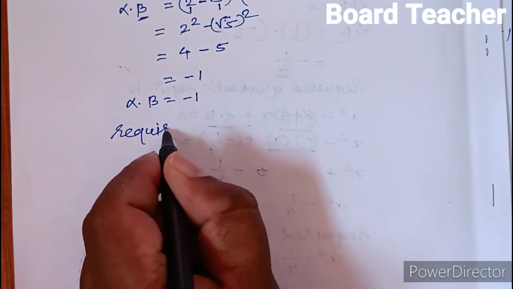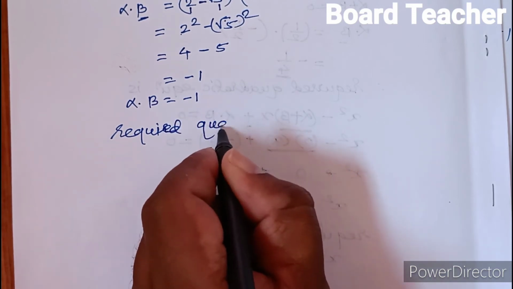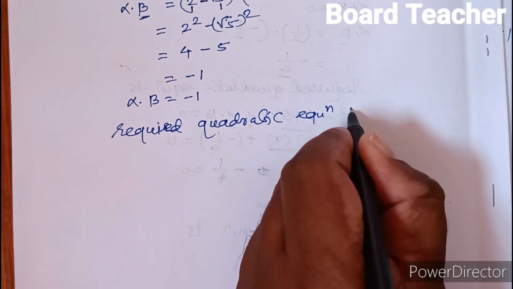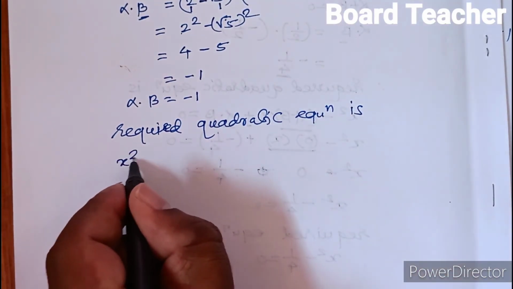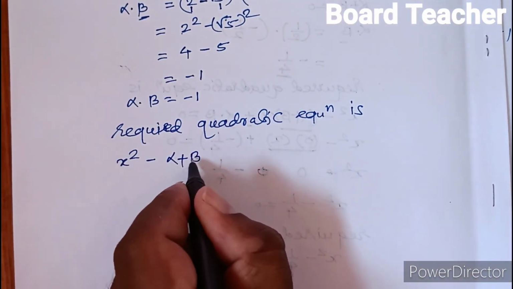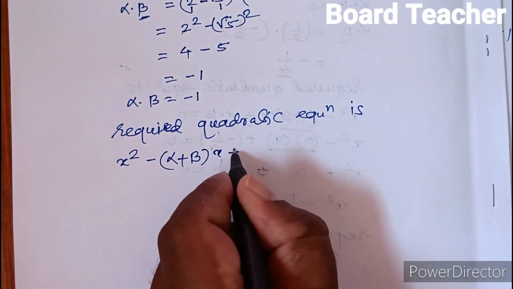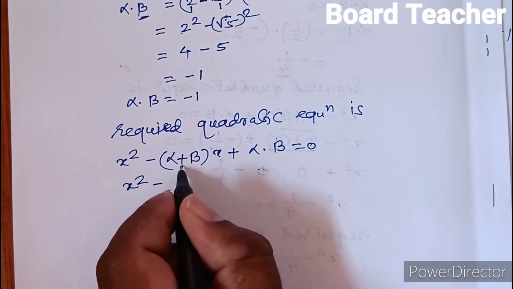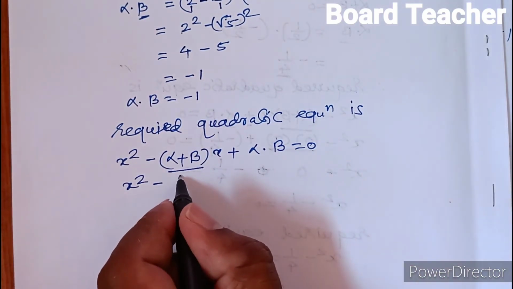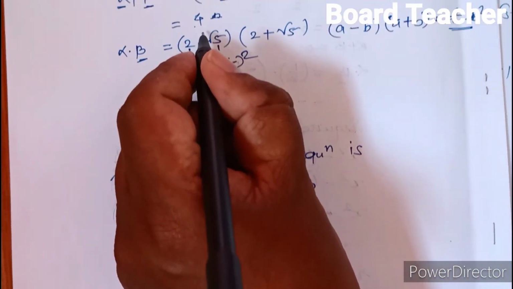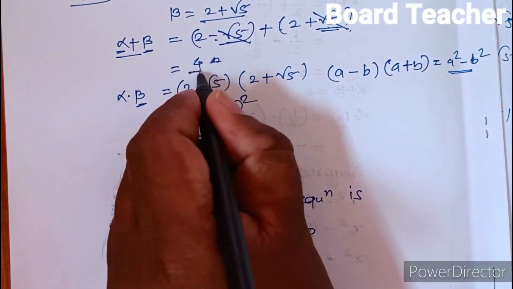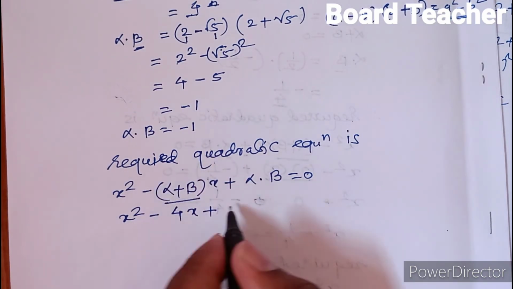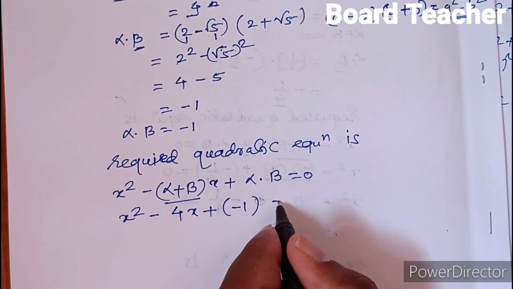The required quadratic equation is x square minus (alpha plus beta) x plus alpha dot beta equals 0, that is x square as it is, minus alpha plus beta, which is 4, so 4x, plus alpha dot beta, which is minus 1, equals 0.